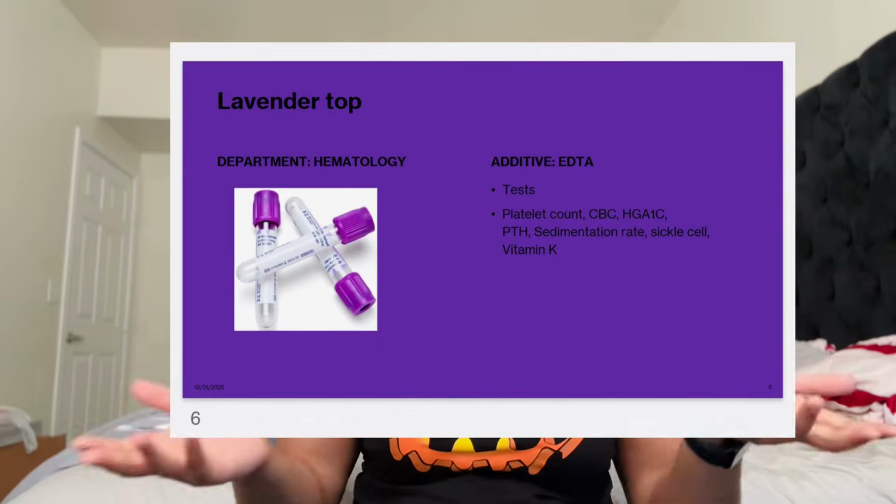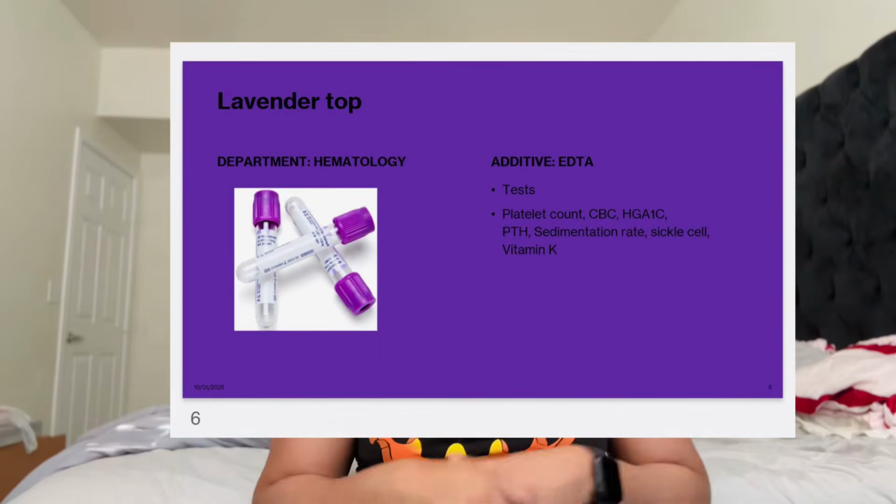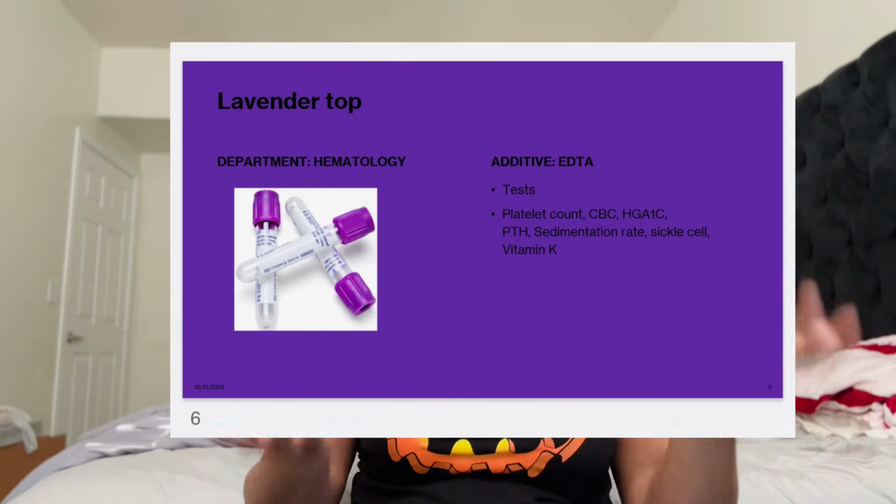So next we have our lavender tops, which you can also call your purple tops. The department is going to be hematology, and the additive is going to be EDTA. Some of the tests are things like complete blood counts, which is your CBCs, platelet counts with auto diff or without auto diff.